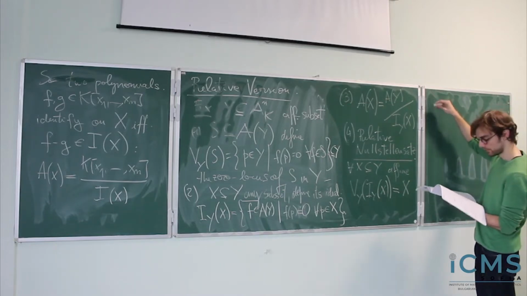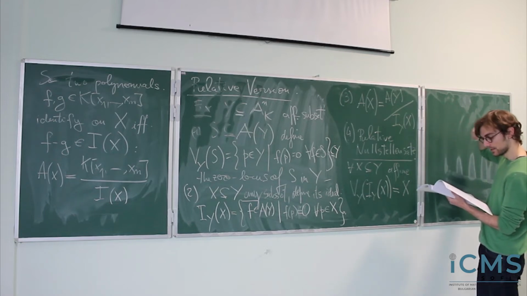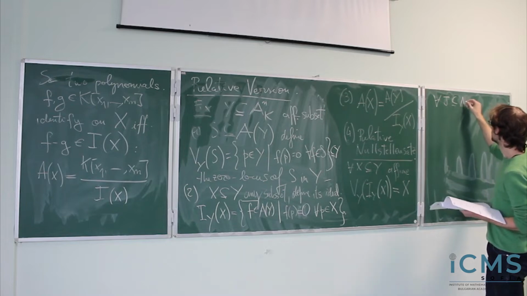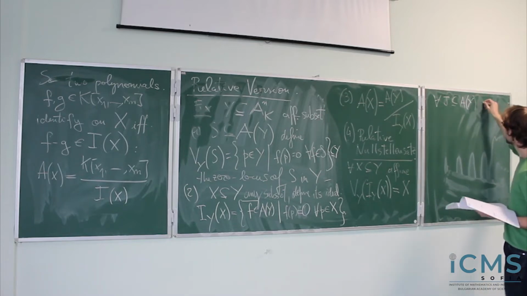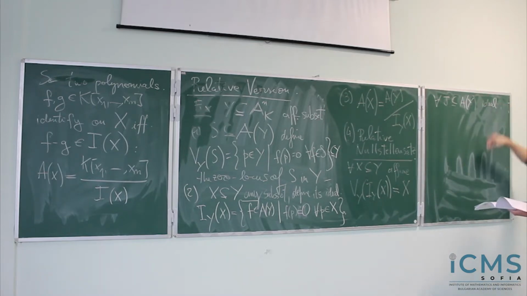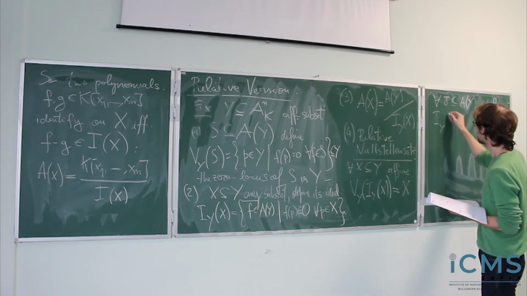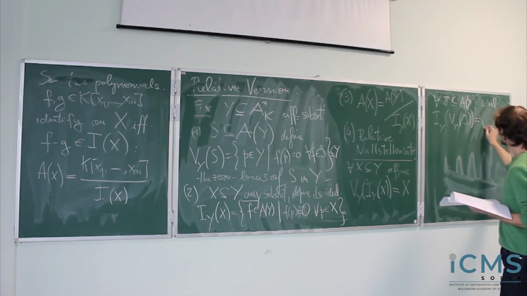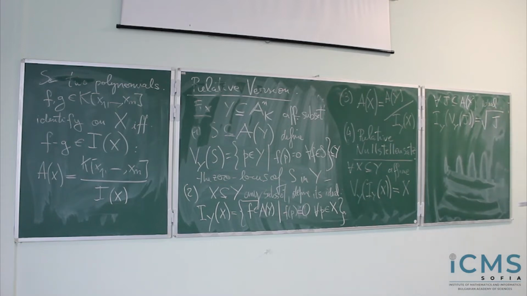And for any ideal J inside of A(Y), if I take I_Y of V_Y of J, then I obtain simply put the radical. And this radical is inside of A(Y), of course.